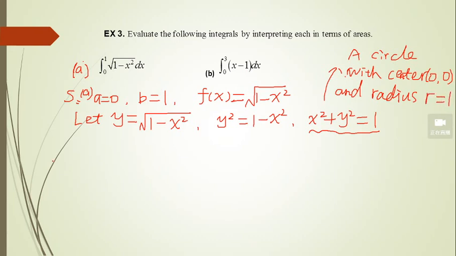How can we draw this one? Just a circle on the x-y plane with radius 1. It's not easy to draw a circle, okay?